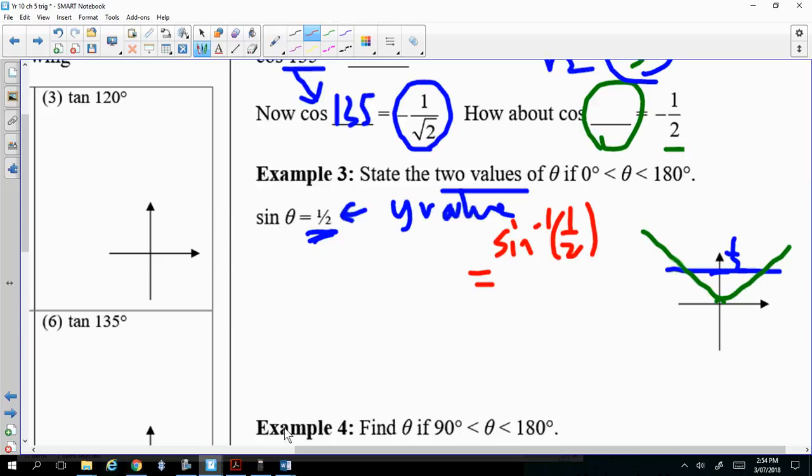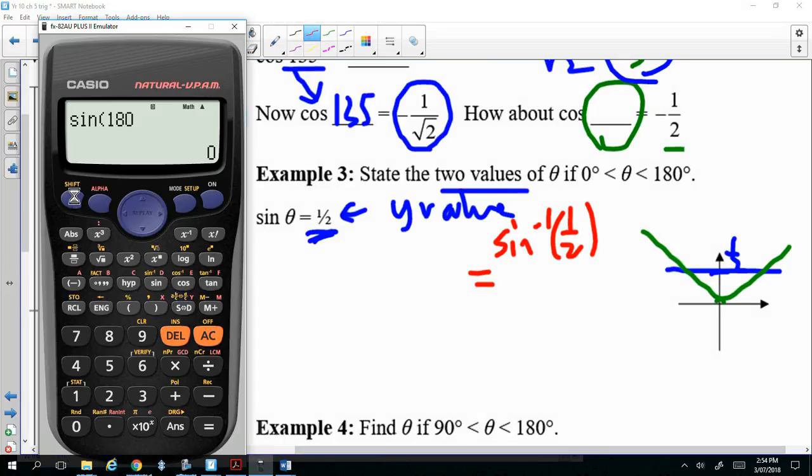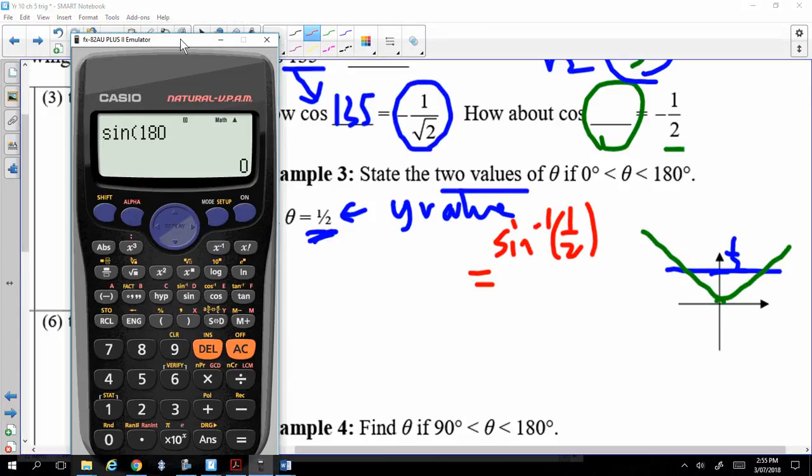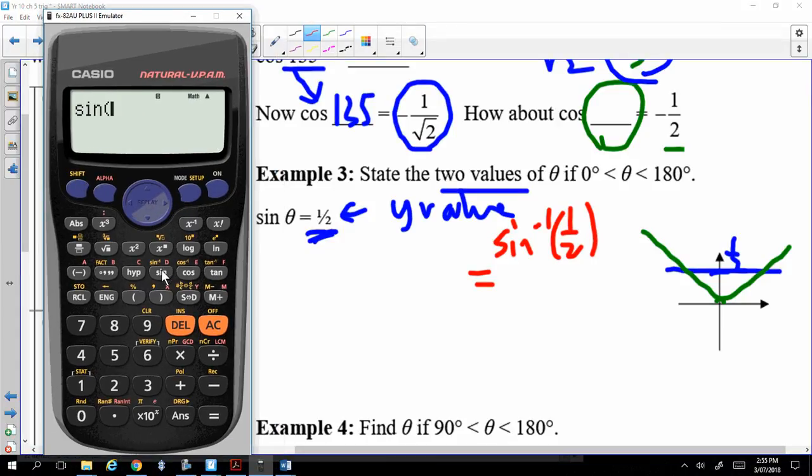Shift sine half. You get 30 degrees, so this is 30. So you write 30 there, 30 here, right?